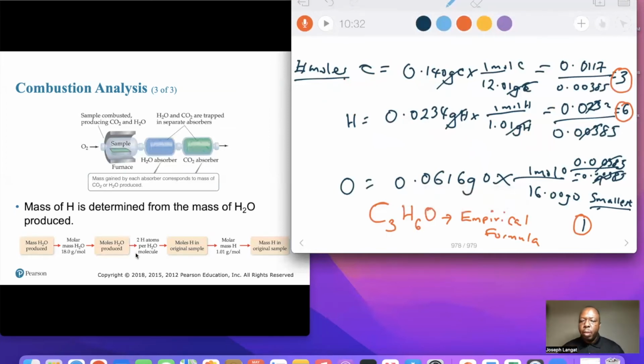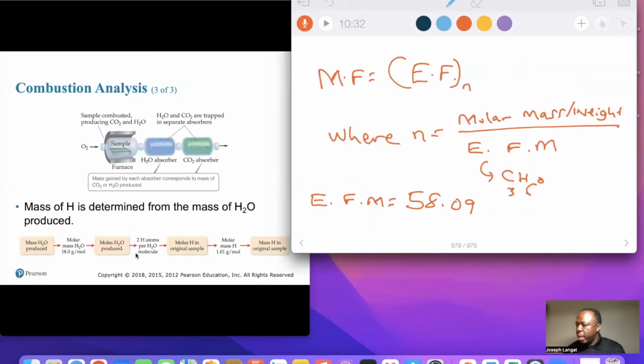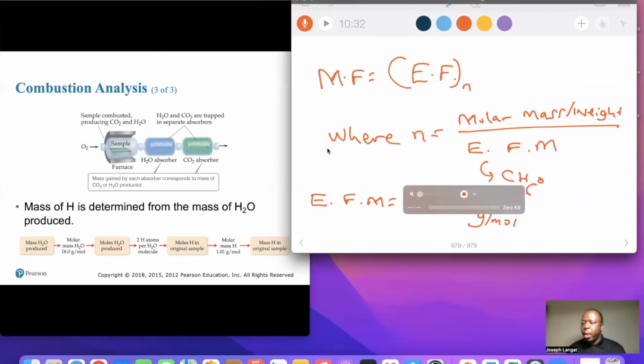Use the periodic table to find the molar mass of the empirical formula, which is 58.09. And by the way, it is grams per mole. So we will plug it in this equation.